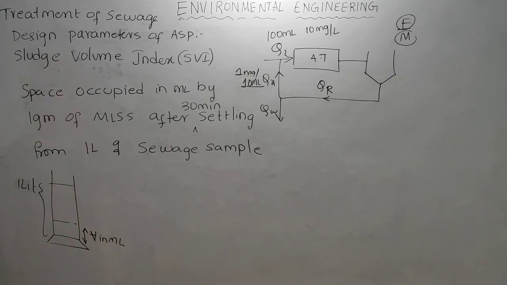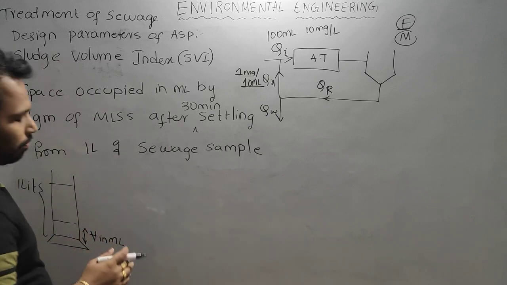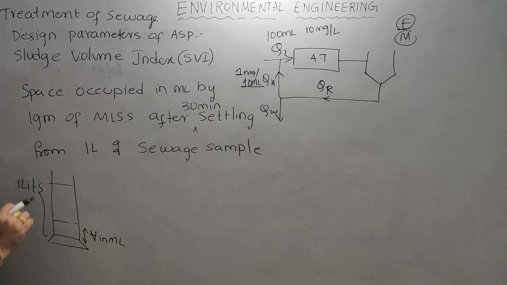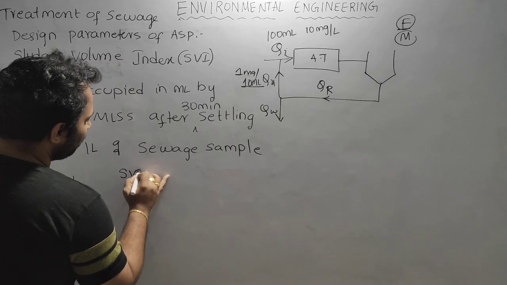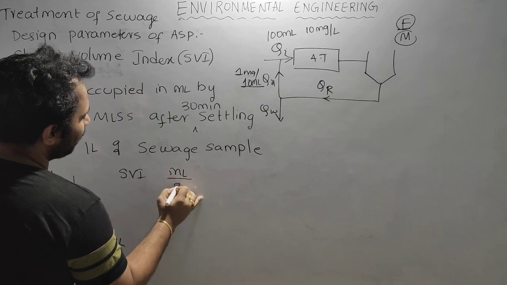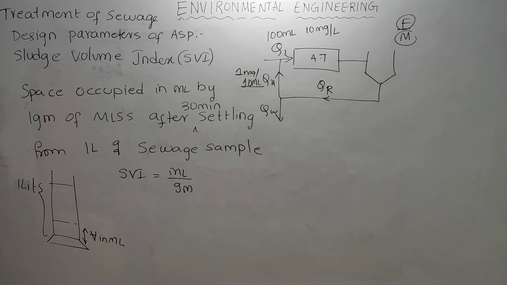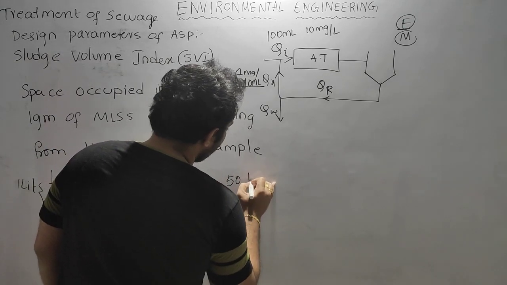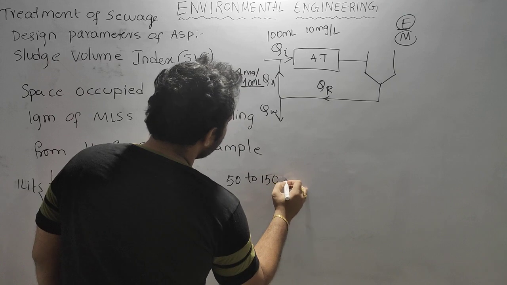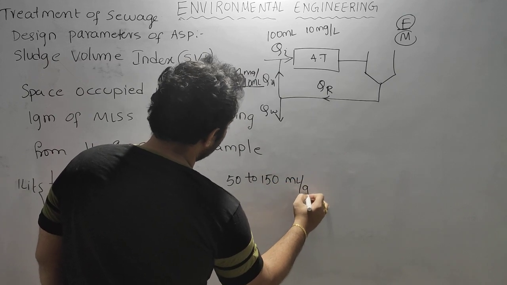The ratio of the volume to the weight is nothing but SVI. So SVI is ml per gram, the volume of MLSS in ml per unit gram. Generally we keep the sludge volume index between 50 and 150 ml per gram.